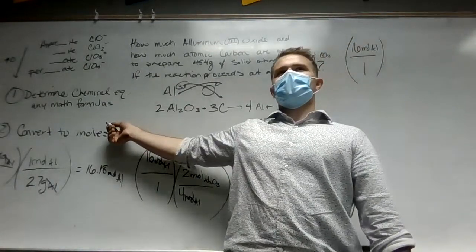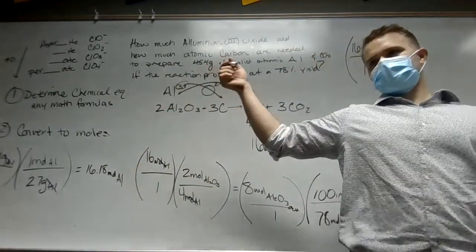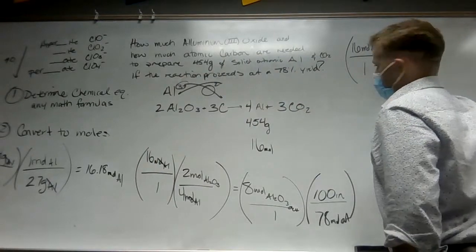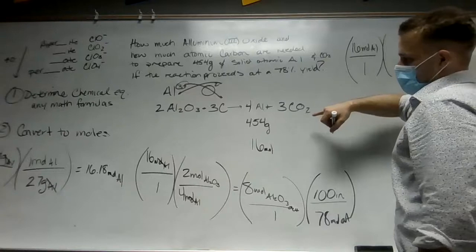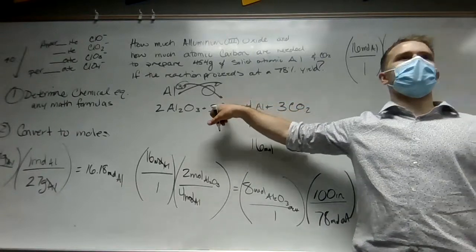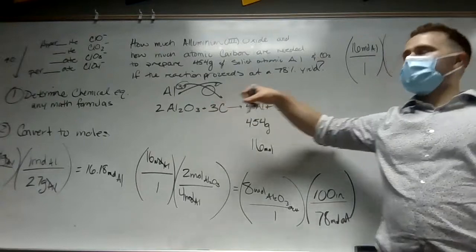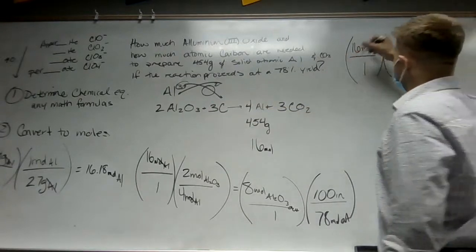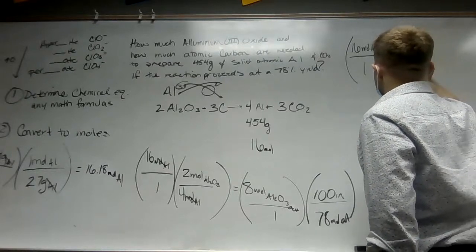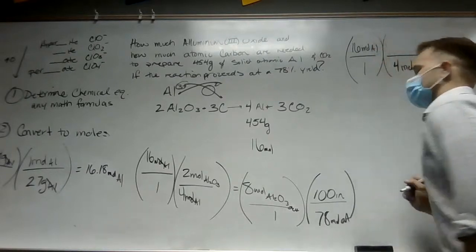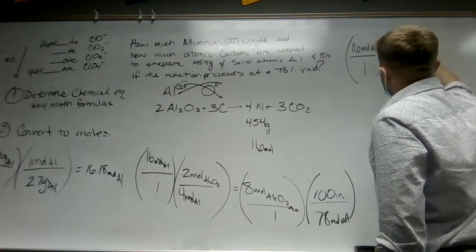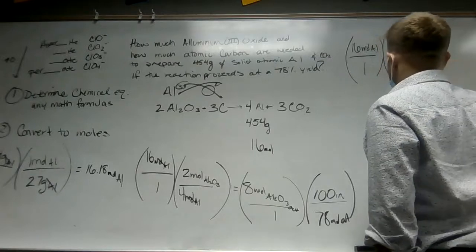And once we get into the moles, we can do a lot more with it. 16 moles of aluminum. And we know, based on our balanced reaction, that for every 4 moles of aluminum that we produce, we need 3 moles of carbon. So right now we've got moles of aluminum in the numerator. We're going to want moles of aluminum in the denominator. So aluminum cancels. We're going to put moles of carbon up top.